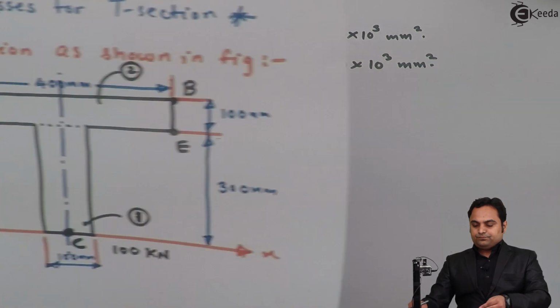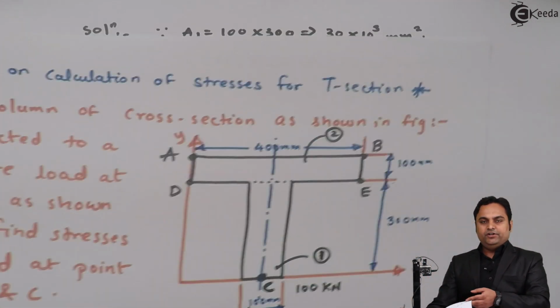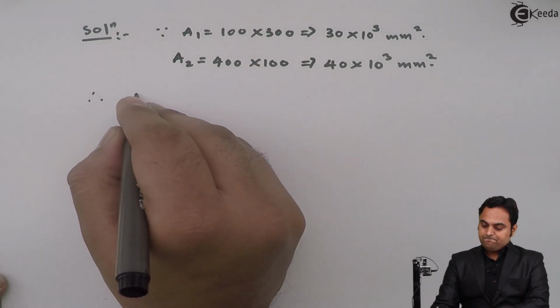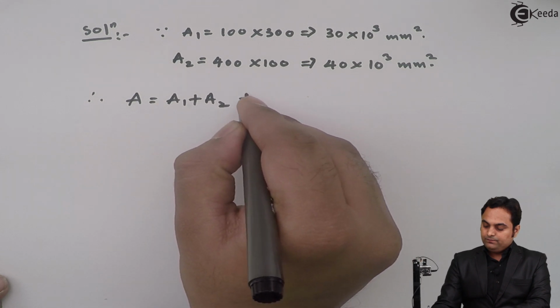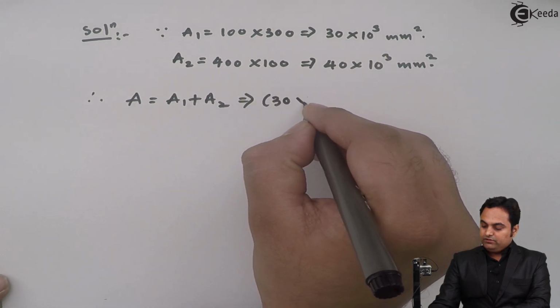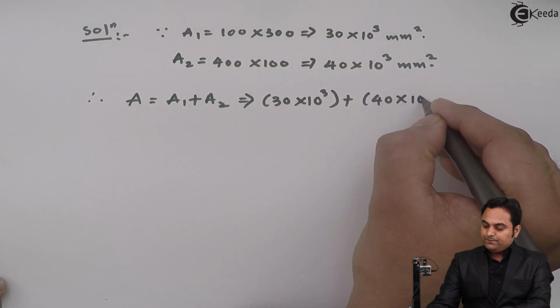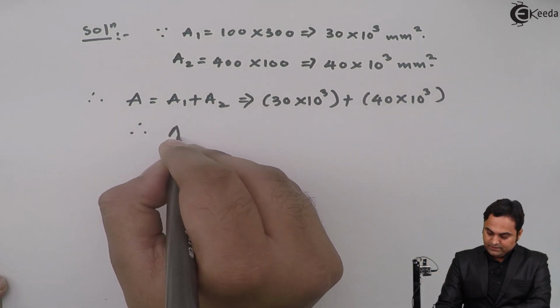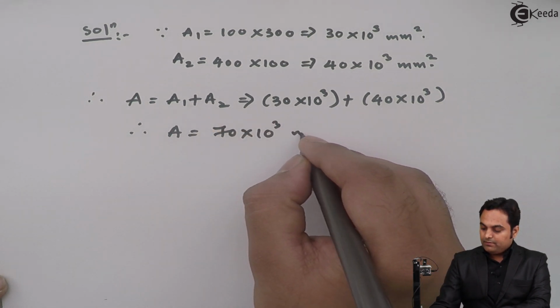Now I'll get the total area of the T section by adding A1 and A2. So total area is A1 plus A2, 30 into 10 raised to 3 plus 40 into 10 raised to 3. Therefore capital A is 70 into 10 raised to 3 mm square.